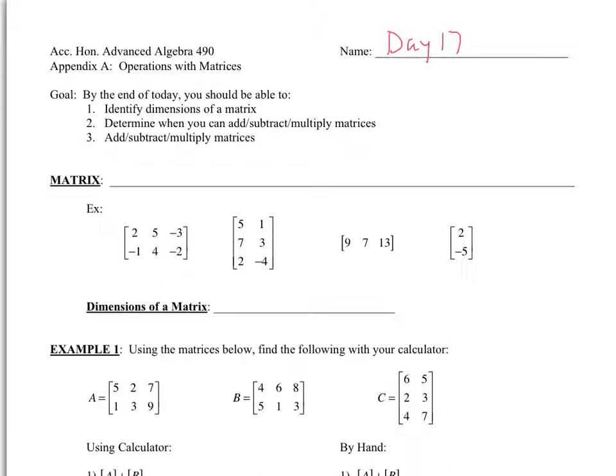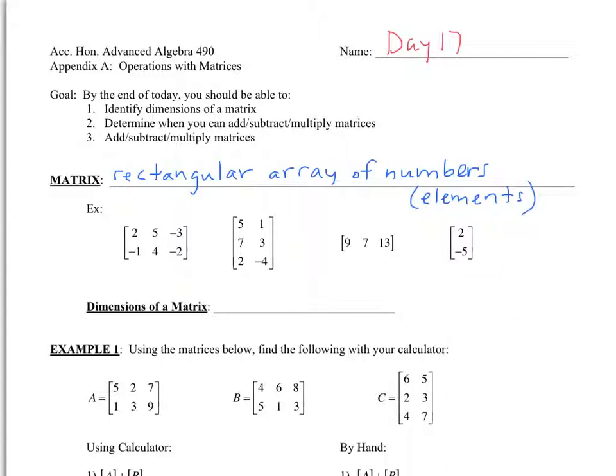Okay, so what exactly is a matrix? A matrix is a rectangular array of numbers. Sometimes we refer to these numbers as elements.